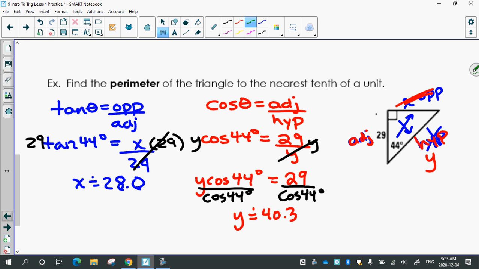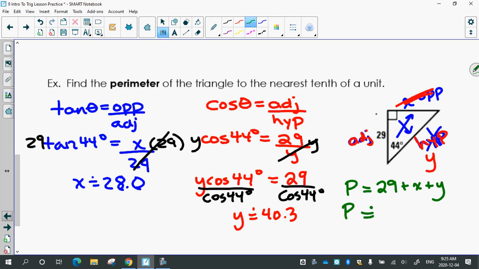So the perimeter is exactly 29 plus x plus y. Is that a true statement? Perimeter is exactly 29 plus x plus y. But it's approximately, because x and y are rounded numbers, I can just use my calculator, 29 plus 28 plus 40.3.